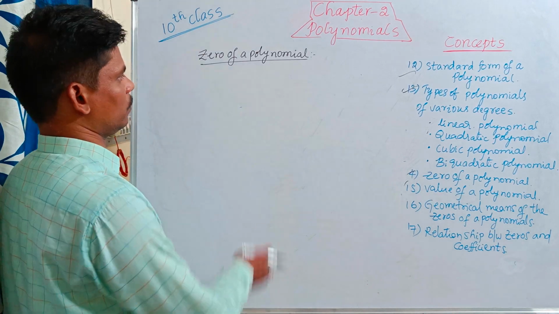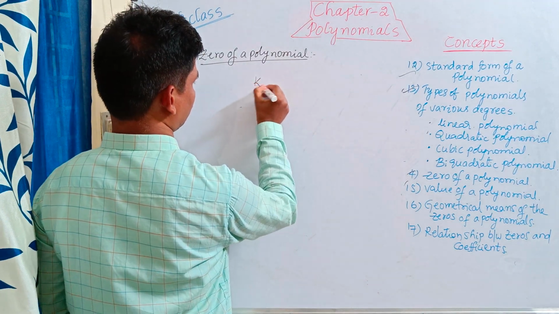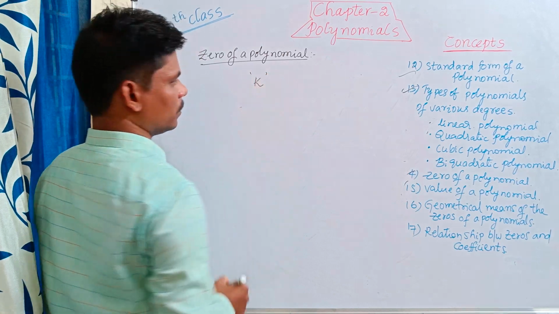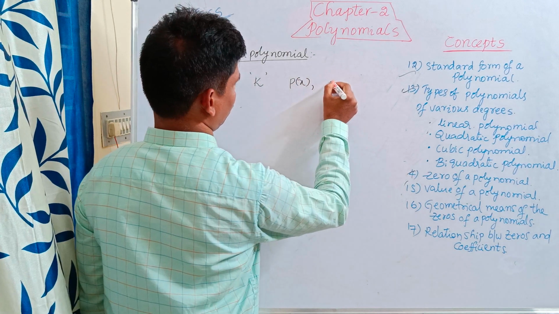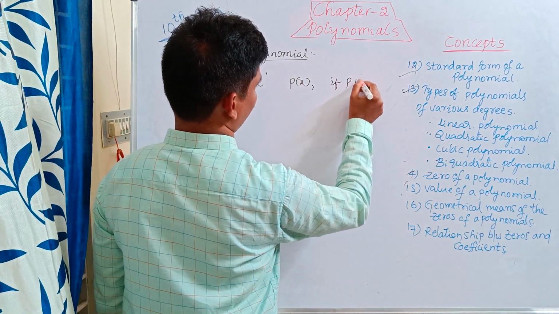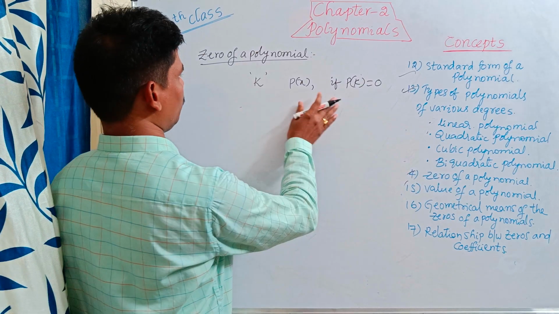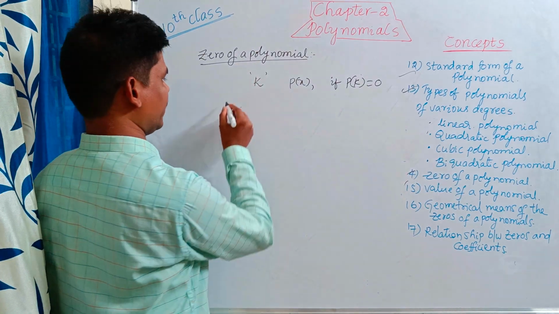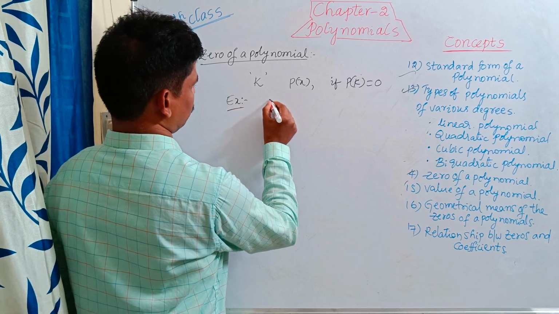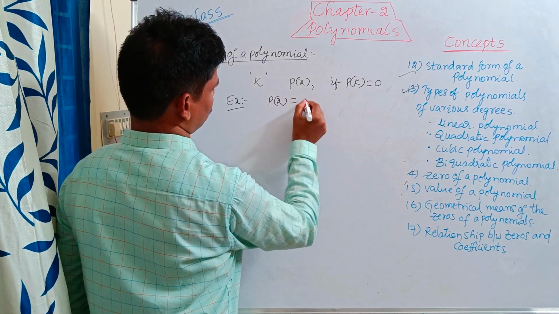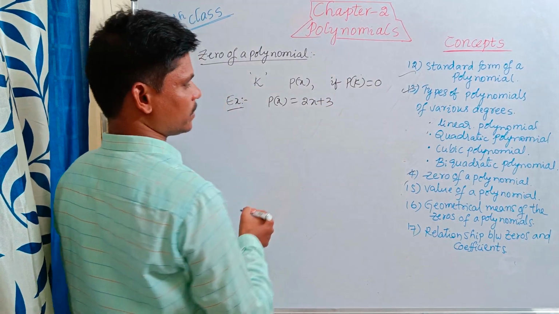And next, zero of a polynomial. How is the zero of a polynomial defined? A real number k is a zero of a polynomial p of x if p of k is equal to 0. For example, p of x equals 2x plus 3.